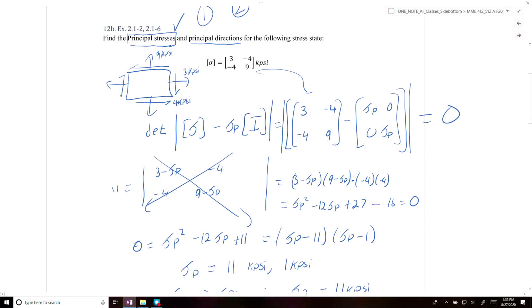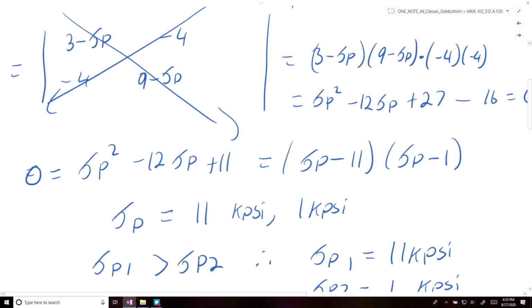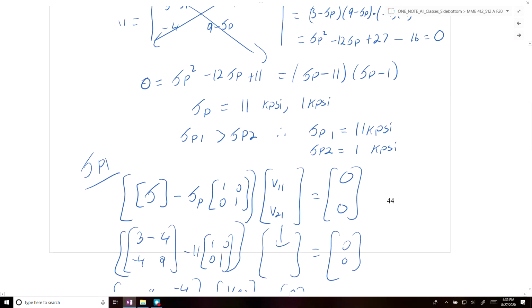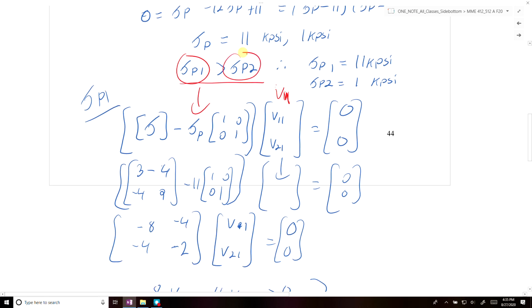Once we did that, we ended up with a quadratic equation, which we could solve for the roots as being 11 and 1. Using those roots, we could plug them back into this relationship here to find our first eigenvector. If we plugged in sigma p1, we could find our first eigenvector v1, and then we could use the second one below.